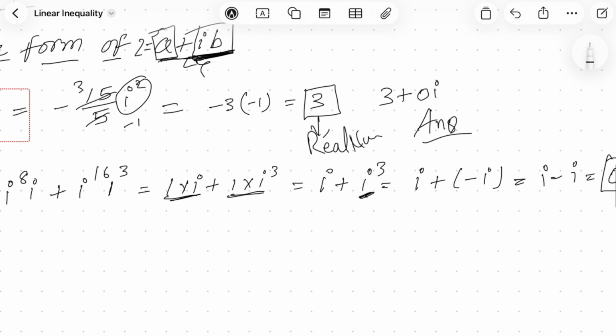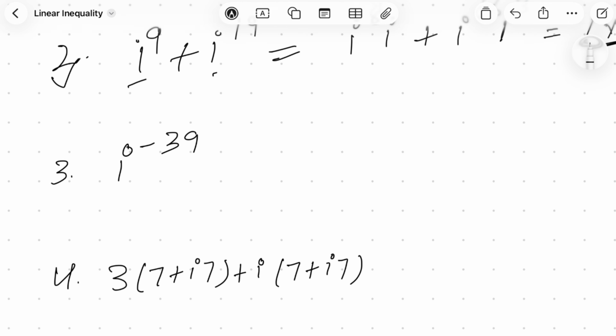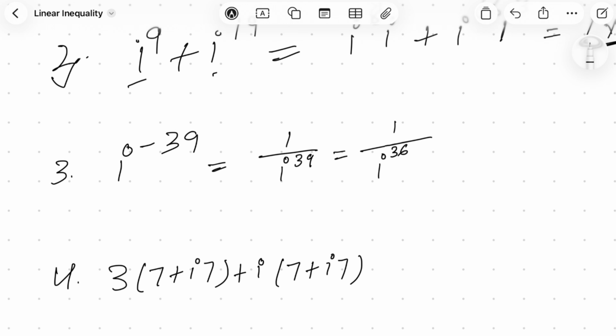Now let's move on to question number 3. It's saying i to power minus 39. It means we can write 1 by i to power 39. Now i to power 39 can be written as i to power 36 into i to power 3, because 9 fours are 36, and we know that the value of i to power 4 is 1.